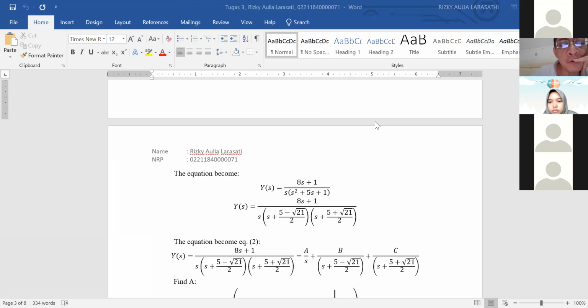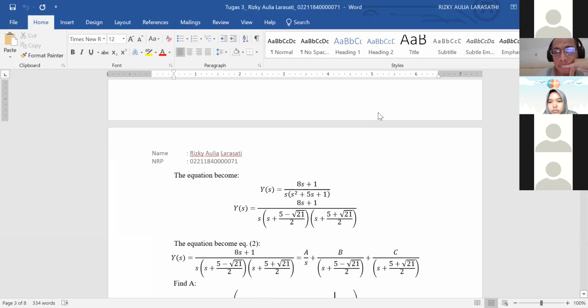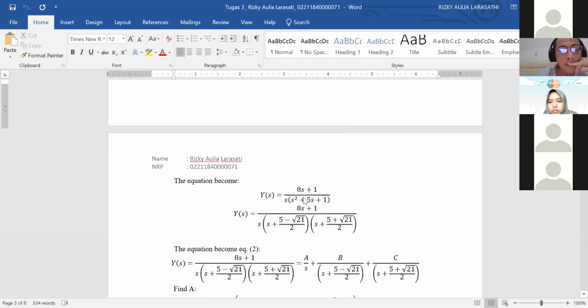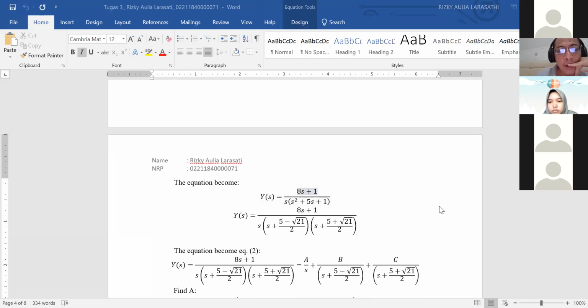My question is, why do you have to factorize this in the denominator as a square? Why do you factorize s squared plus 5s plus 1?